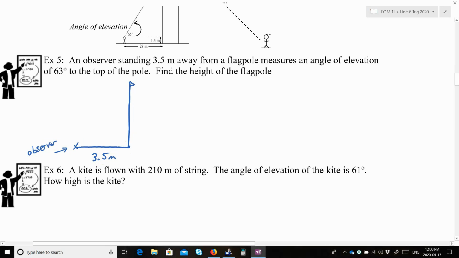Okay, so an observer standing 3.5 meters away from a flagpole measures an angle of elevation of 63 degrees to the top of the pole. So the angle of elevation up to the top of the pole is 63 degrees.